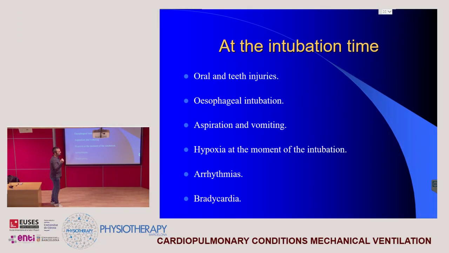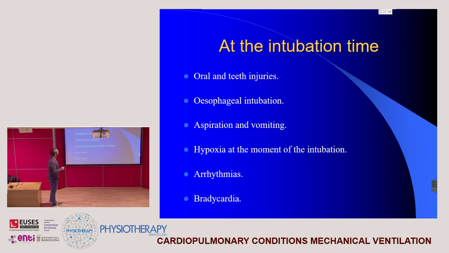Because when we talk about intubation, there are several times that we could have different kinds of problems. The first one is when the patient is being intubated. It could happen in the street, on the road, or in the hospital, but usually these are maneuvers performed during an emergency, very fast, and could lead to different problems.